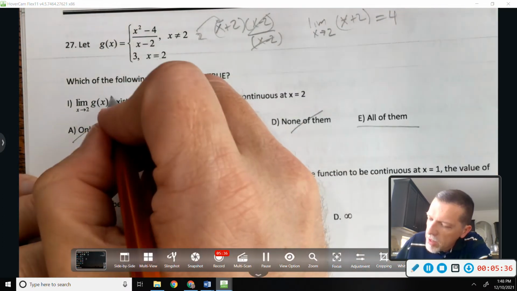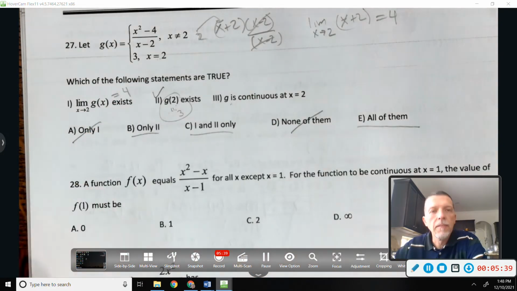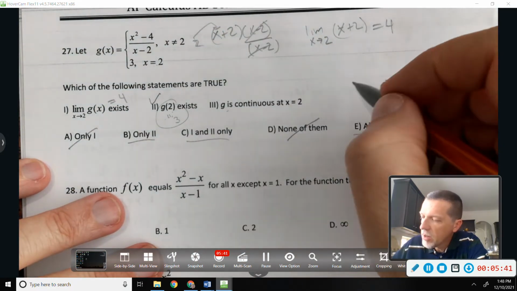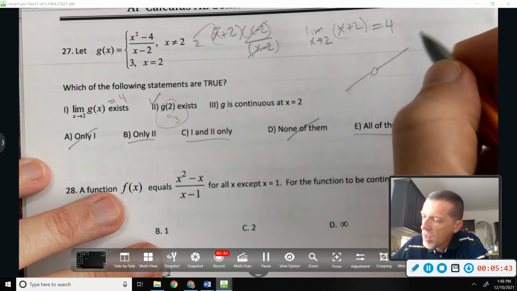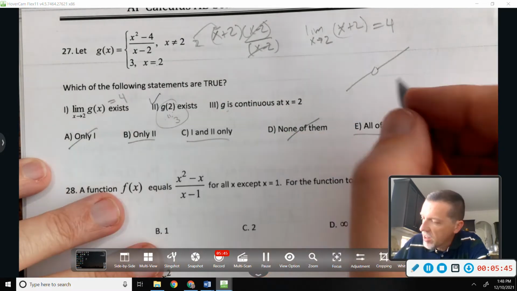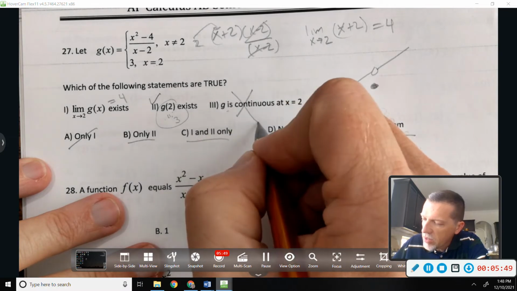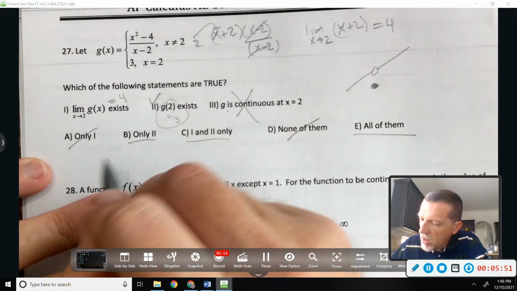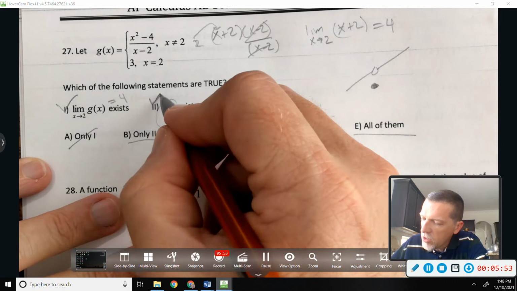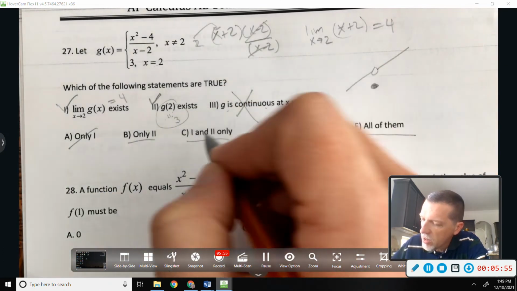So the limit exists, it equals 4. Basically, there's a hole at 4. But the function is at 3. So it is not continuous. So limit exists, function exists, but they're not equal to each other. So 1 and 2 only.